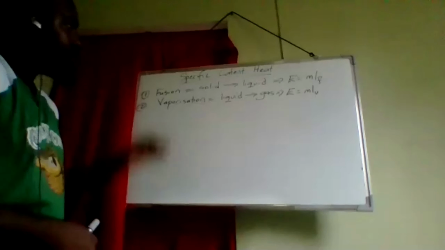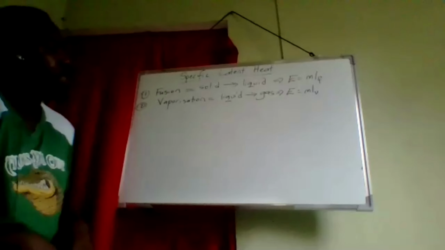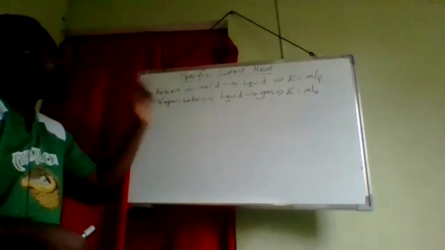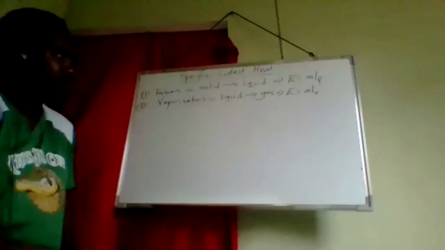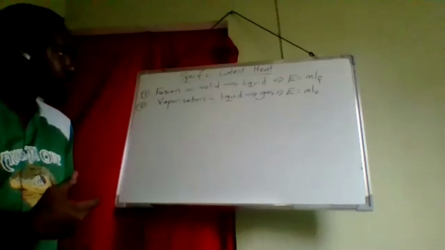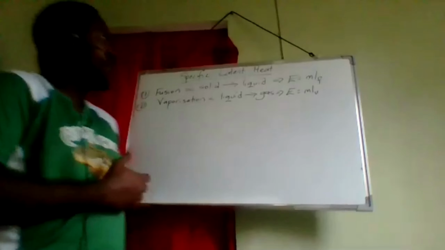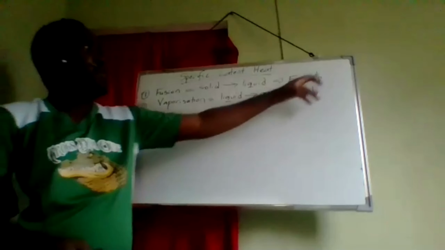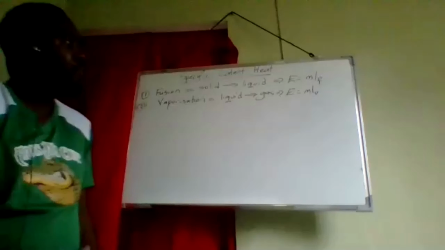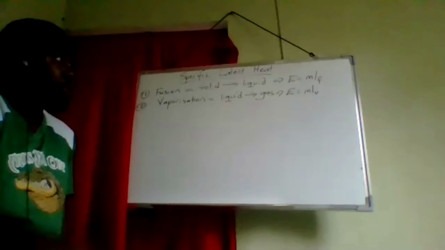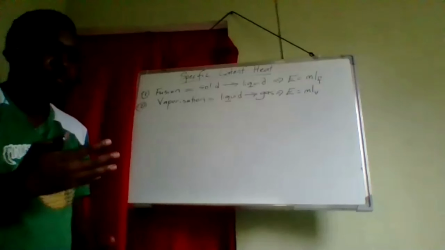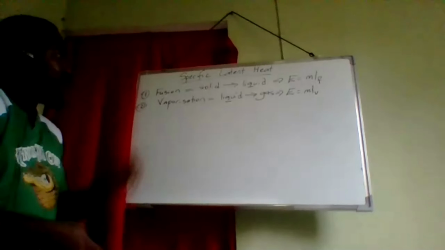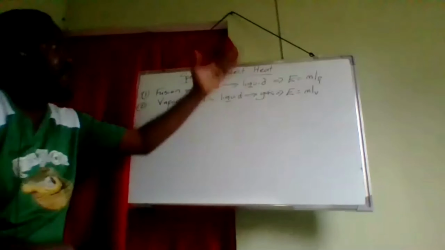These two are very important. You just need to remember that fusion is between solid and liquid, and vaporization is between liquid and gas. Those are both equations that we use for specific latent heat. If you notice, there is no temperature there because the temperature is constant. So once a question has a constant temperature, or has a change of state, then it's latent heat.